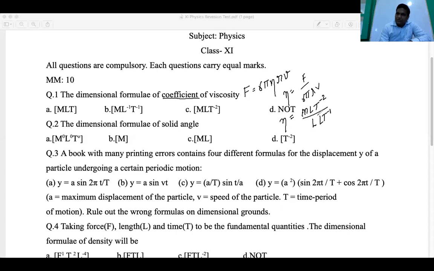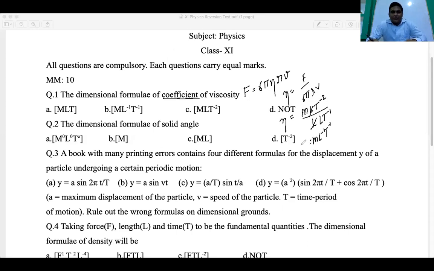The L will cancel out, the other L will go in the numerator, and the T will go in the denominator. Exactly, this will become M L minus 1 T minus 1. So this will be the dimensional formula of coefficient of viscosity.